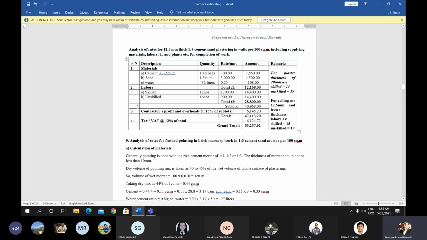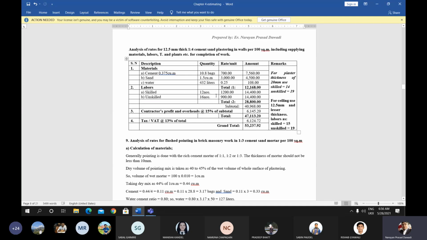You can provide that 3% of labor cost here. Please make note. I have forgotten to provide the 3% of labor cost here, because tools and plants also are included in this heading. That's why you can provide 3% of the labor cost for the scaffolding, for carrying materials and the manpower.